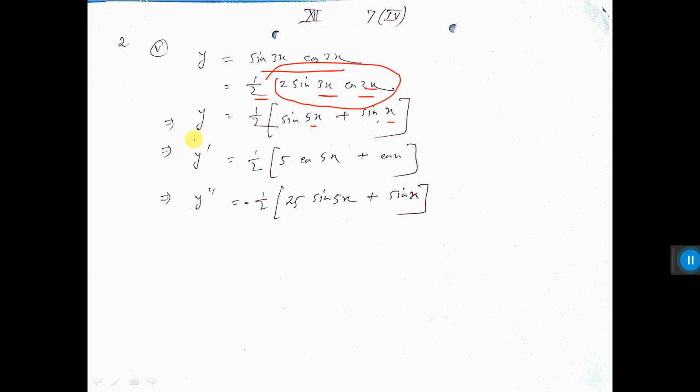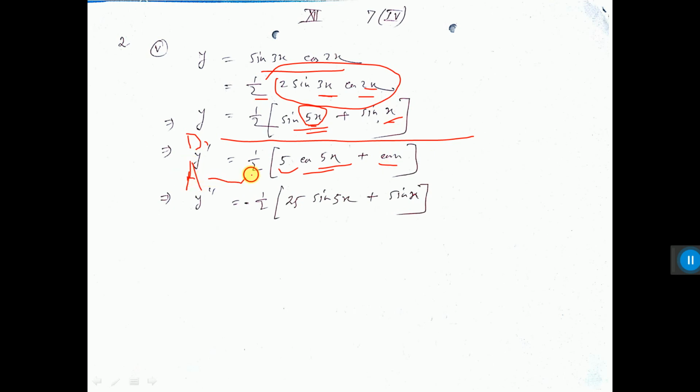Now first differentiation, here you write differentiating both sides with respect to x, then y dash, y1 or y dash, the meaning is the same. This is first differentiation, equal to half into sin 5x differentiation cos 5x, but 5x is considered as x, so 5 will come in front. Sin x differentiation cos x. Again differentiate here.